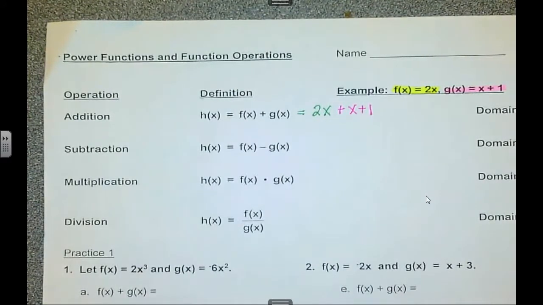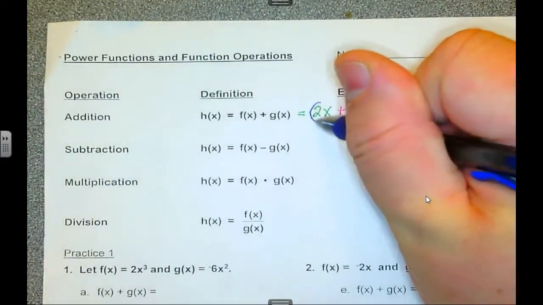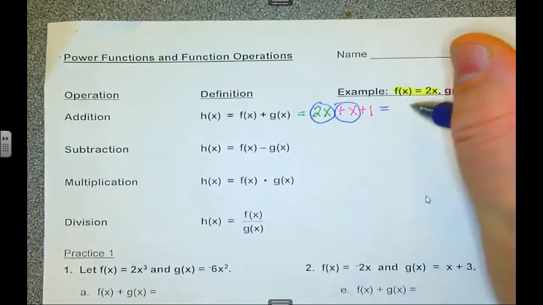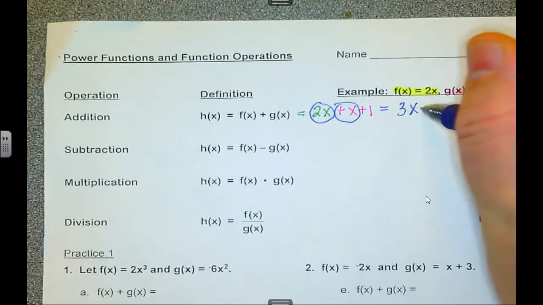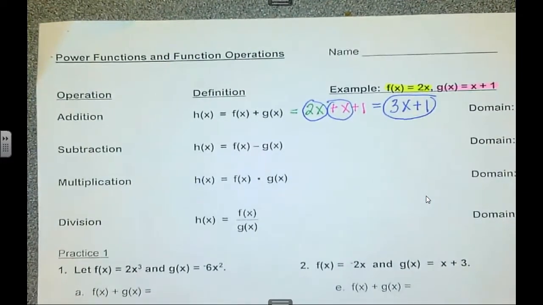Okay, so I can combine like terms. Plus 1. There's my new h of x.